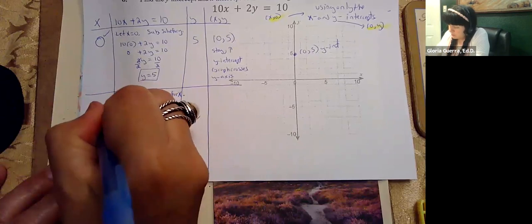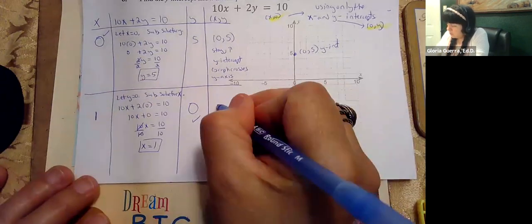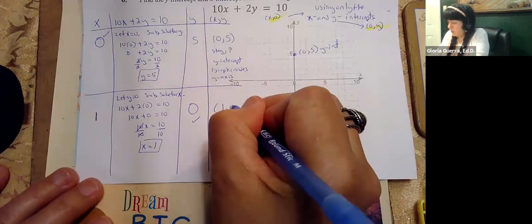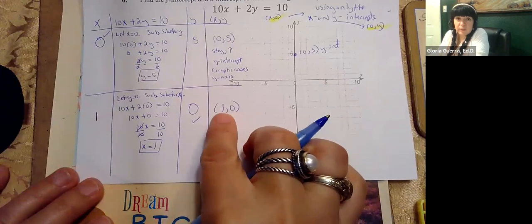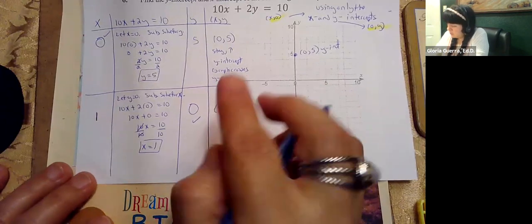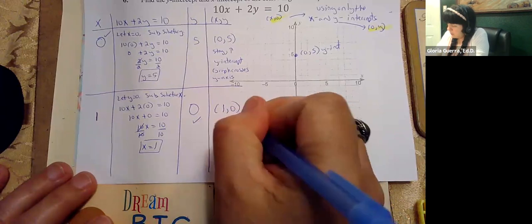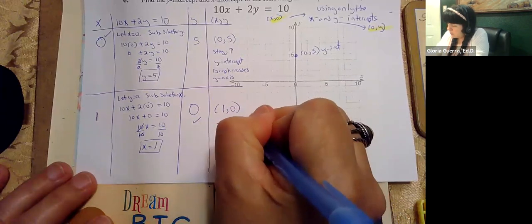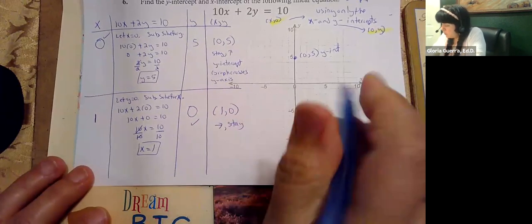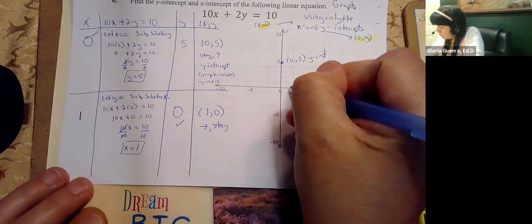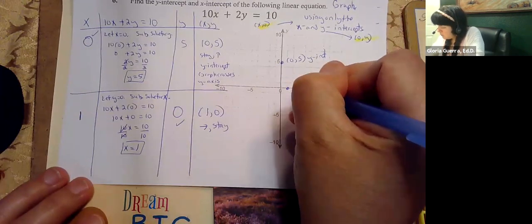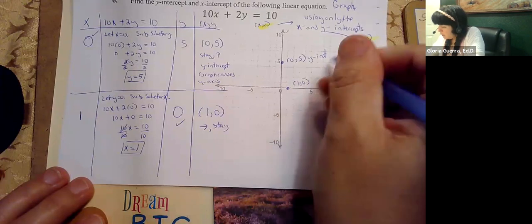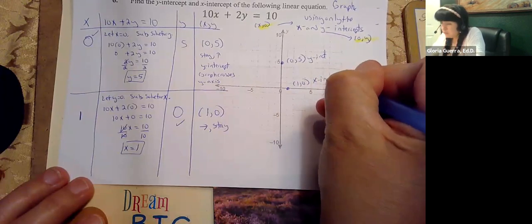So when you let y be 0, x is 1. This tells you to go to the right 1, then you stay. This is (1, 0), and that's called the x-intercept.